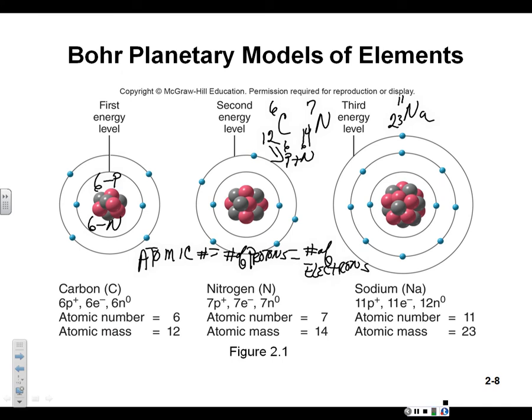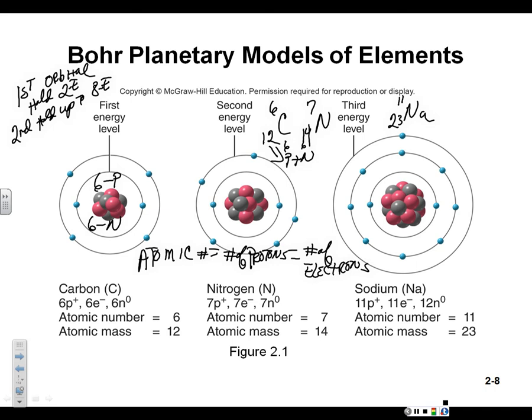Alright. Now, always remember, the first orbital can hold 2 electrons. The second one can hold up to 8 electrons.